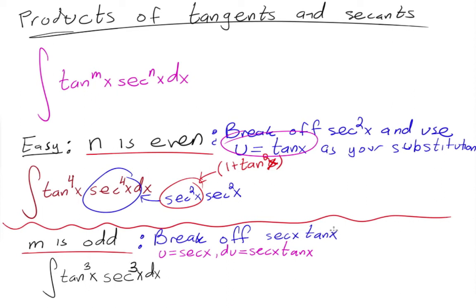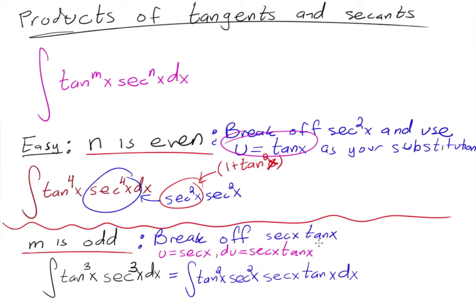Let's try it on that one and see if it works out. This is equal to the integral. If I break off a secant x tan x, and then I write the rest as tangent squared, and then secant.